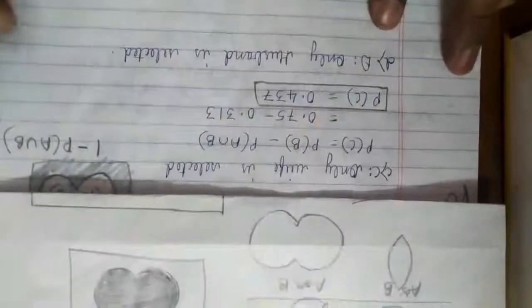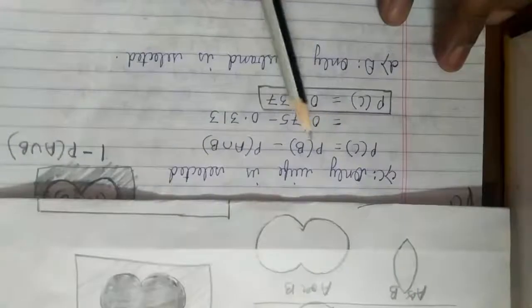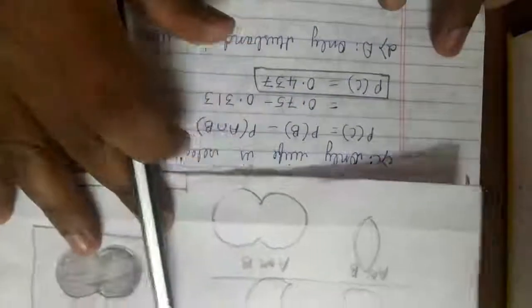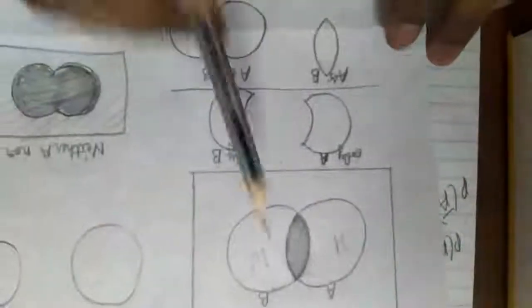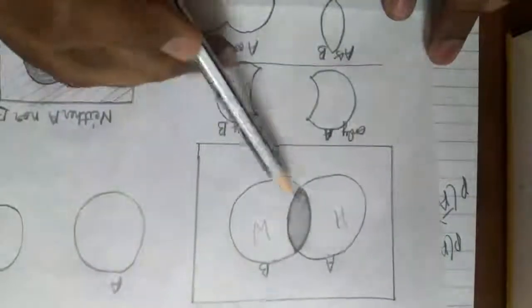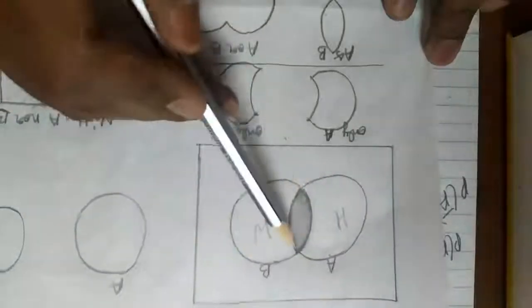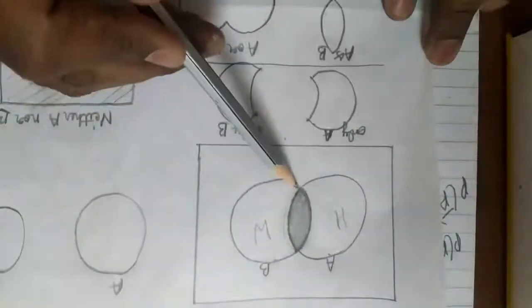Now the third question comes like this: only wife is selected, probability of C is equal to only wife is selected. See, only wife is selected means this represents wife is selected, both are selected. So from wife is selected, that is probability of B, if you reduce both are selected, that means intersection.